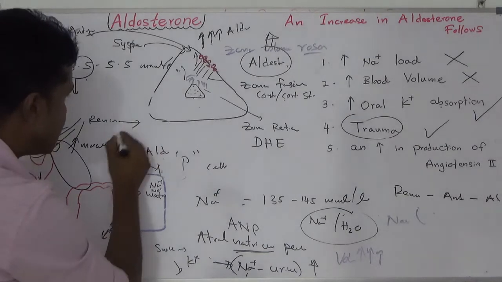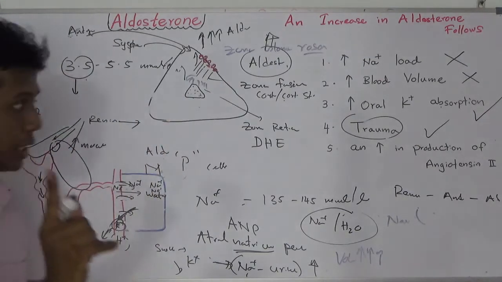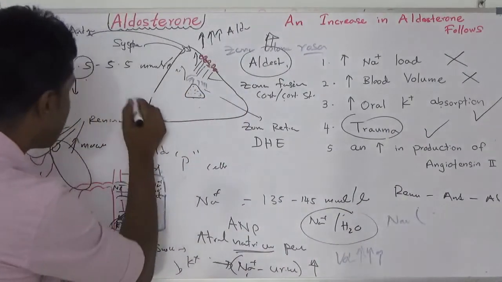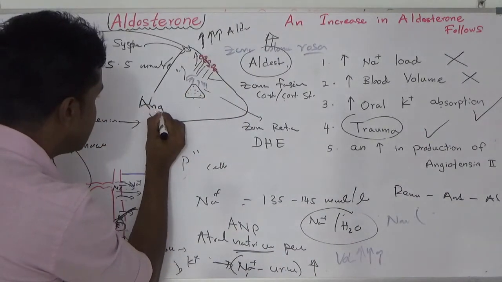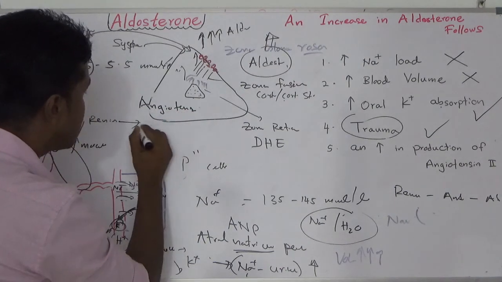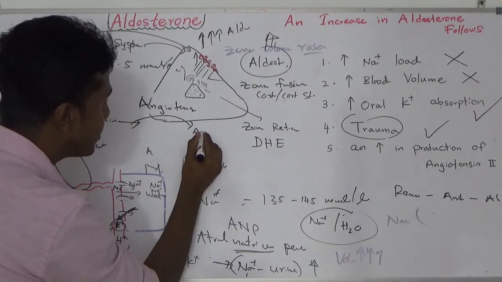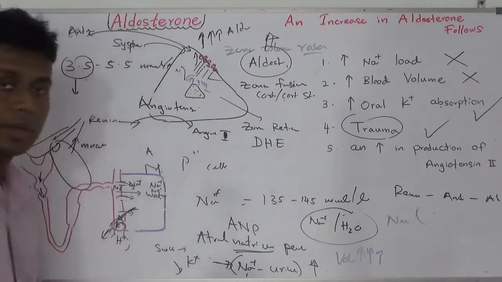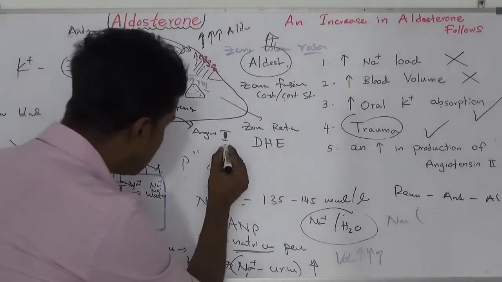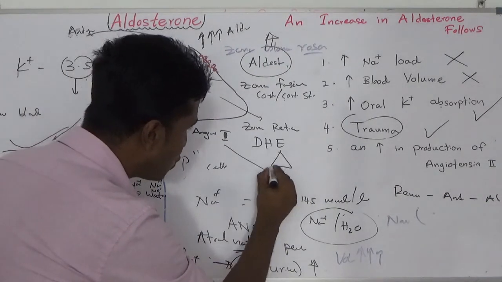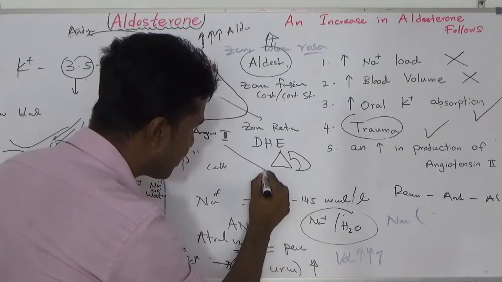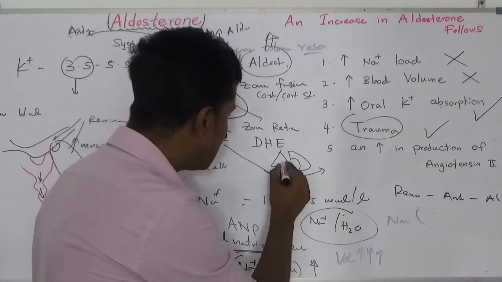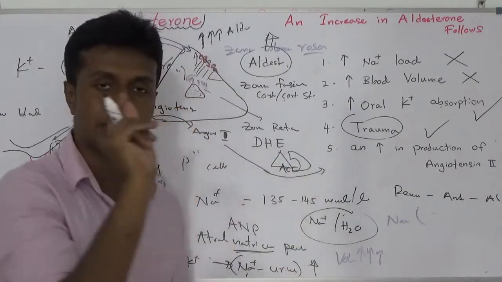What renin does is, your circulating angiotensinogen, which was produced by your liver, is converted into angiotensin 1. This angiotensin 1, once it goes through your lungs, is converted into angiotensin 2 by the angiotensin converting enzyme present in the lung.